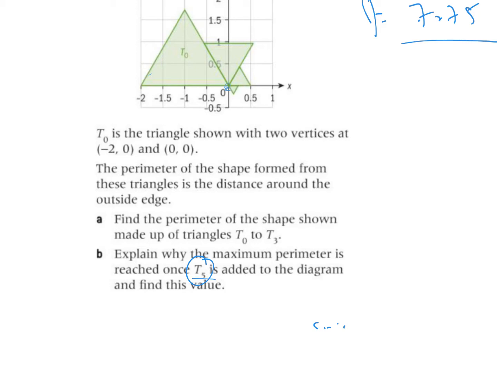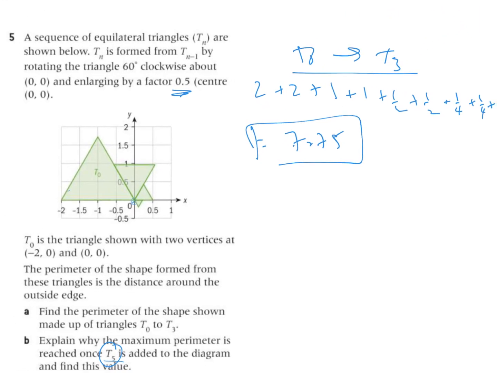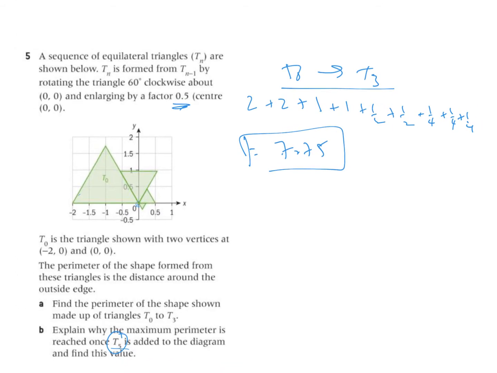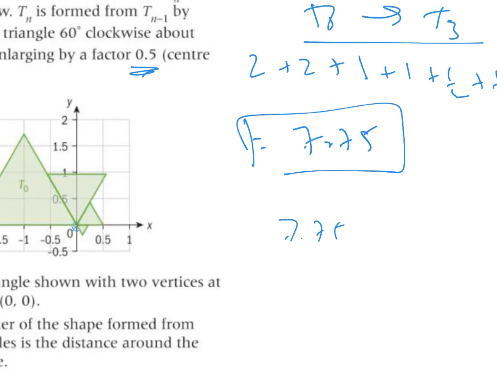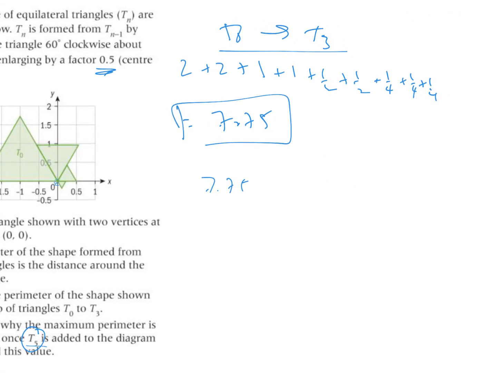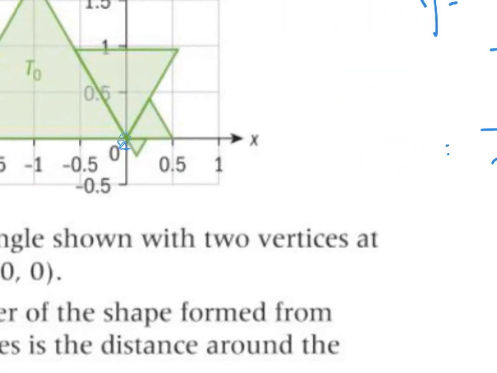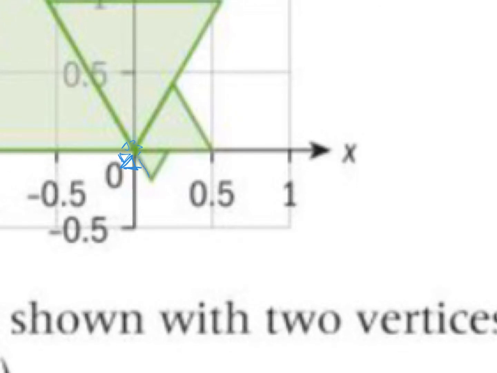And I want to find this value. Well, at this point, I know up to T3 is 7.75. Okay, and so from this, let's take all these values here. This is 7.75. I have to recognize that I added this last one, which is a quarter, which is too much.